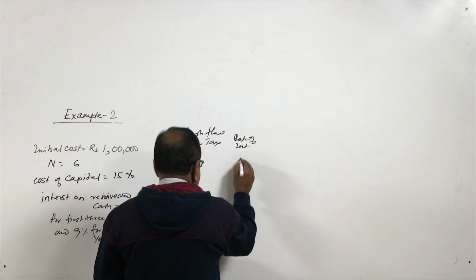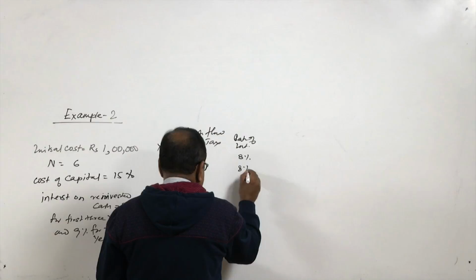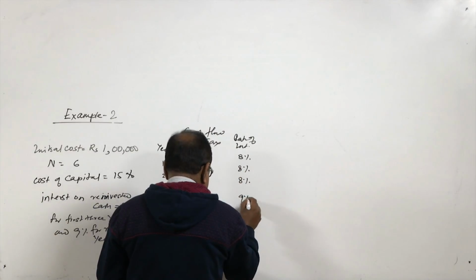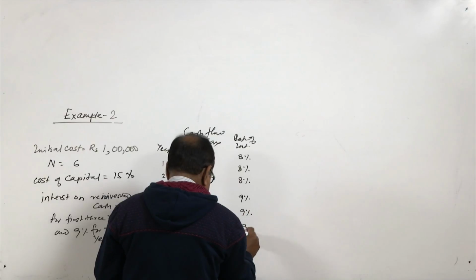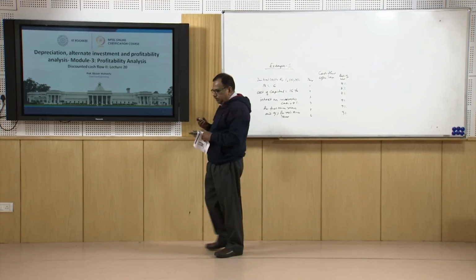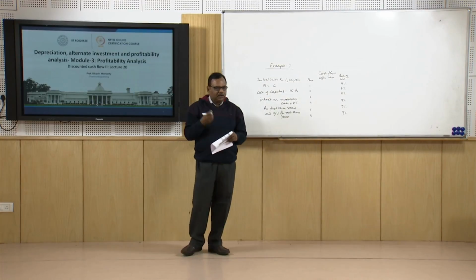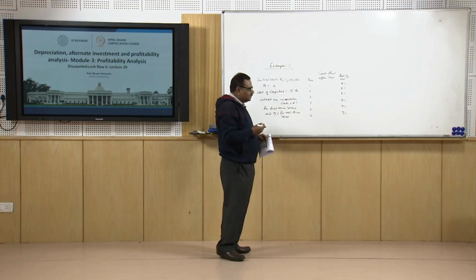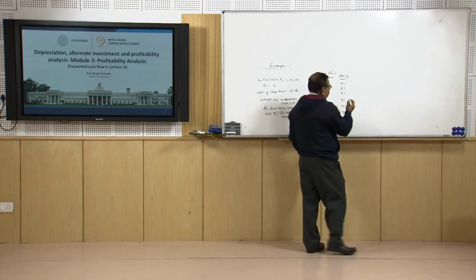For the first 3 years I have 8% and for the next 3 years I have 9%. This is the question. Now, if I want to make you understand what is the difference between the earlier one and this, look at the timeline.